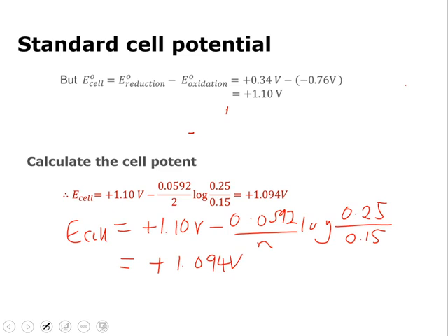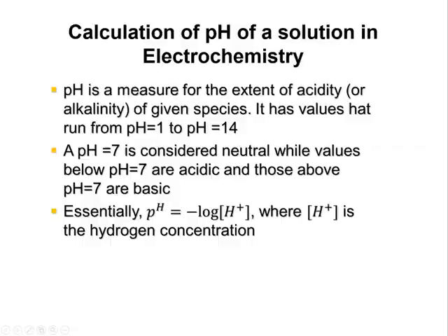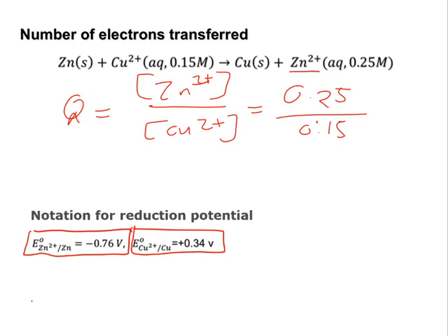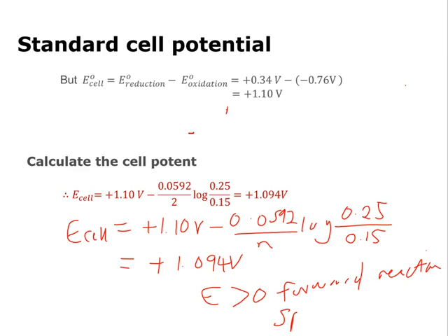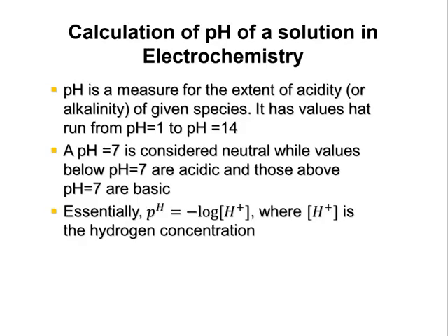Then from here, you know that 1.1 volts is greater than E, so this is a forward reaction, or a spontaneous reaction. Okay, so that's how you calculate the cell potential using the Nernst equation.